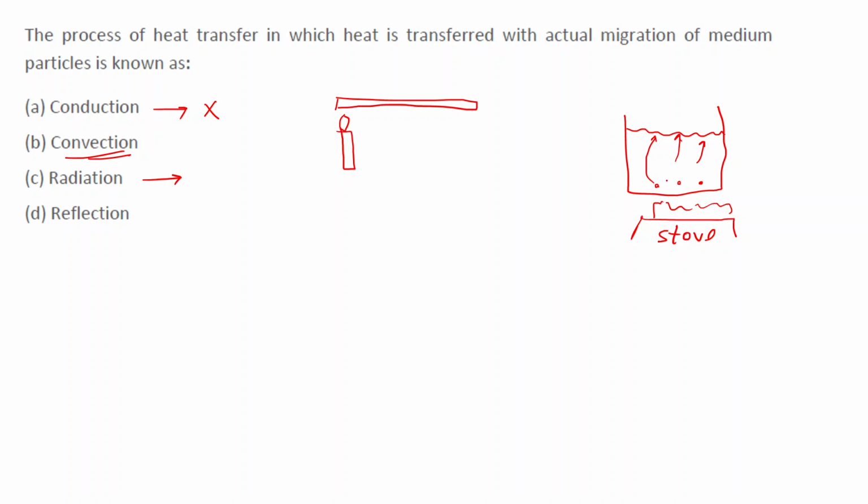And the other remaining molecules now come to the bottom, and again they will also heat, they will also come up again. This keeps on happening. So in this kind of example, actual movement of particles happens, and this is called the convection method. So in the convection method, actual migration of medium particles happens. So convection is the correct answer here.